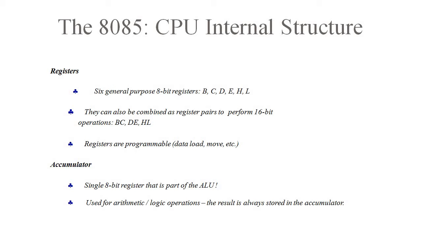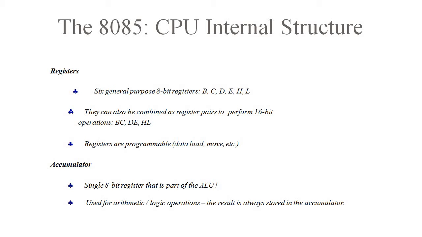They can also be combined as register pair to perform 16-bit operations, that is B, C, D, E and H, L. Then registers are programmable, that is data load, move, etc. Then accumulator.